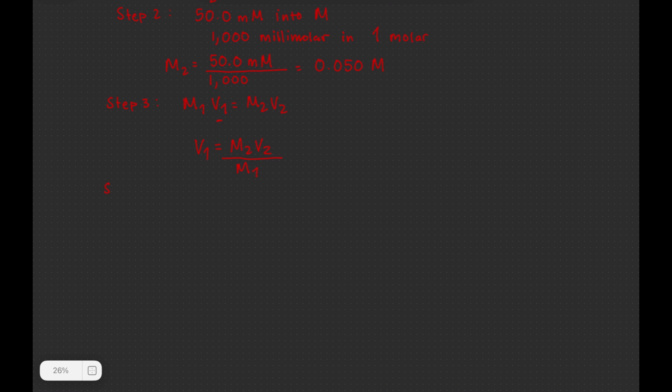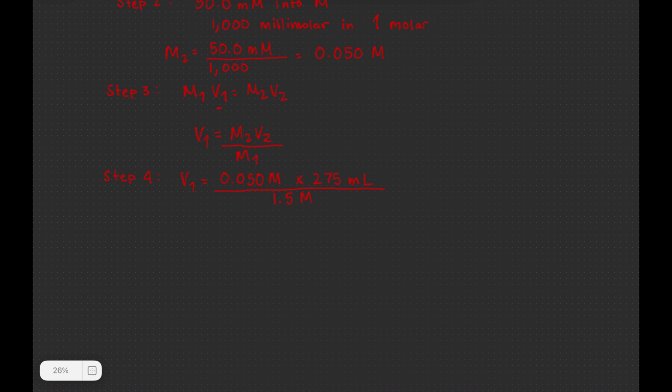So now let's come to step 4, and we're just going to plug and play. So V1 is equal to 0.05 molar times 275 milliliters divided by 1.5 molar.